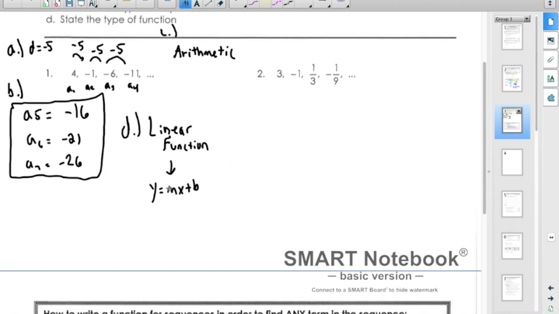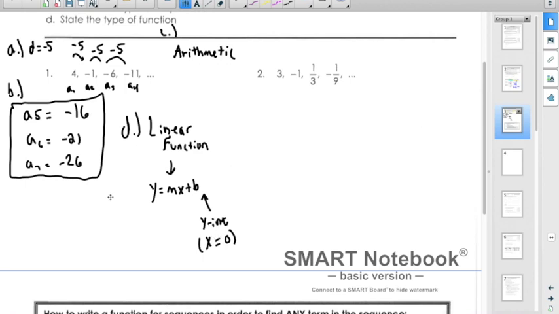It would be y equals negative 5x plus b. This is where we don't know what b is. We know that b is the y-intercept, in other words, when x equals 0. And that's very key. It's when x is 0.